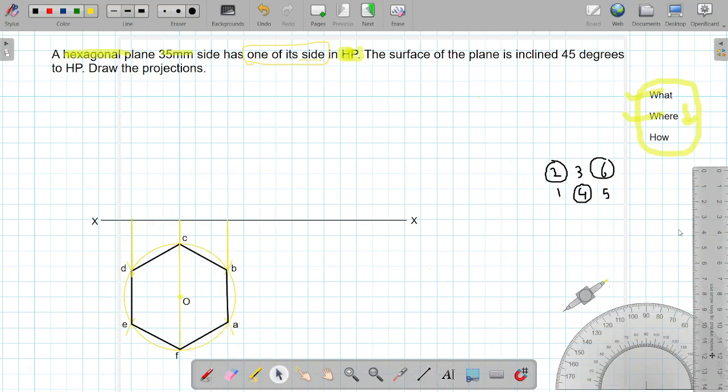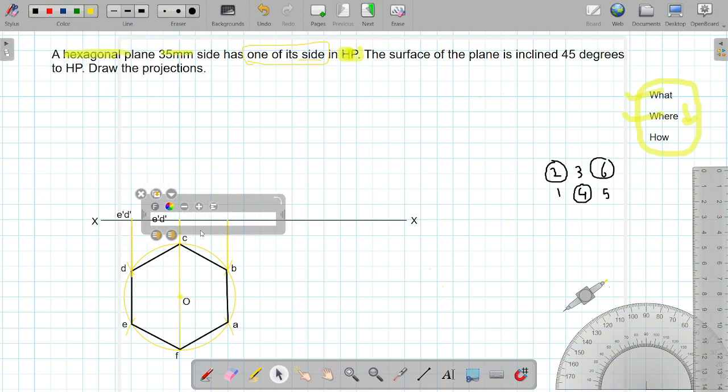now once I have taken the projections, I will just name the points in the front view wherever they have touched the reference line. So this point will be E dash, D dash, because E and D both are cutting at this particular point.